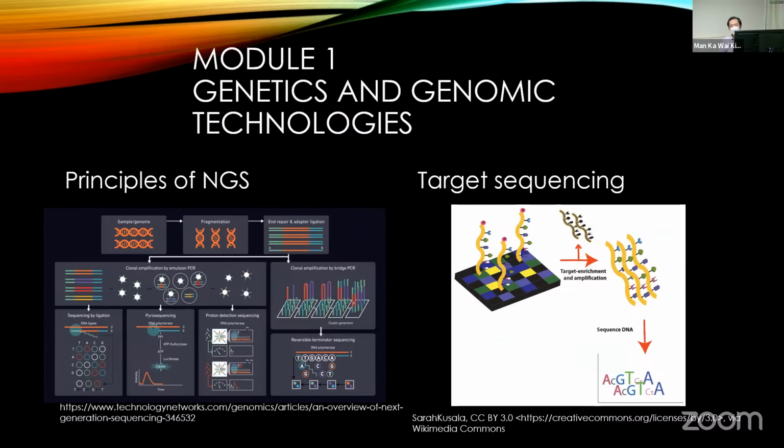Well, the major reason that we would like to introduce different platforms, different technologies, is that it's very important for you to understand where and how the sequence data has been generated, because it's also very important for you to have reliable, accurate data.